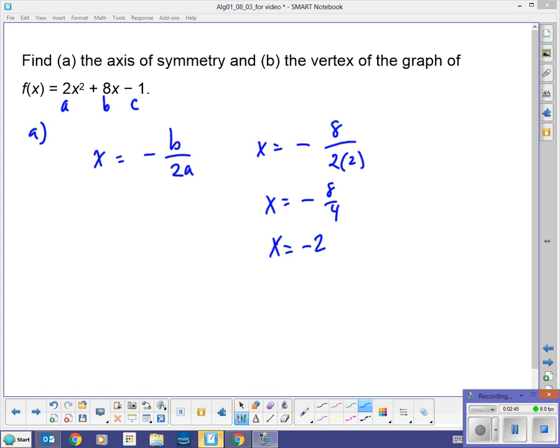Now the vertex is going to be on that axis of symmetry, but we need a y value to go with it. So what we do then is find y using the original equation, but substitute negative 2 in for x. So 2 times negative 2 squared plus 8 times negative 2 minus 1. Okay, so negative 2 squared is 4.